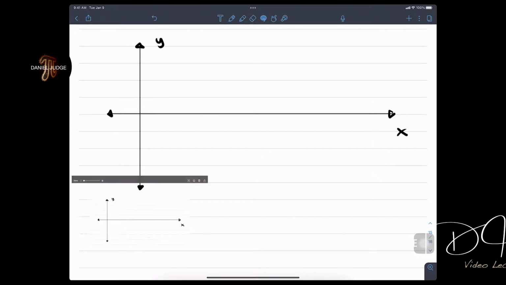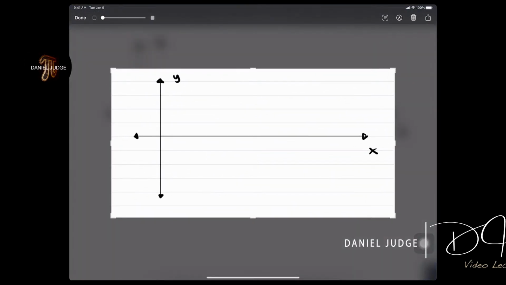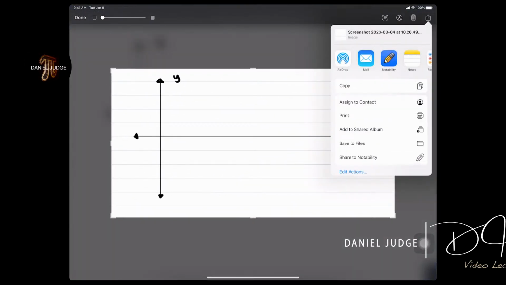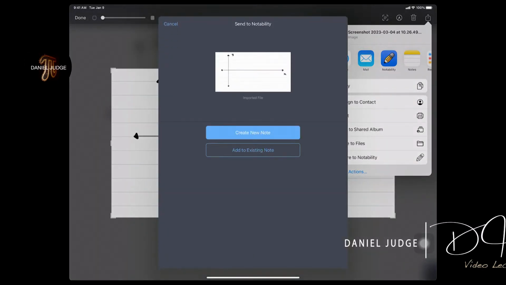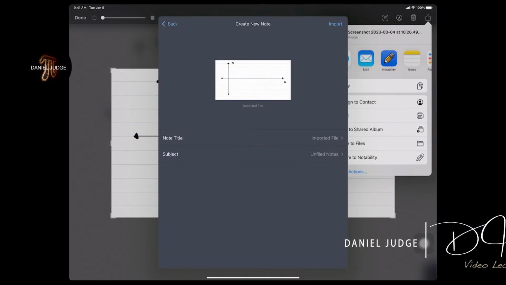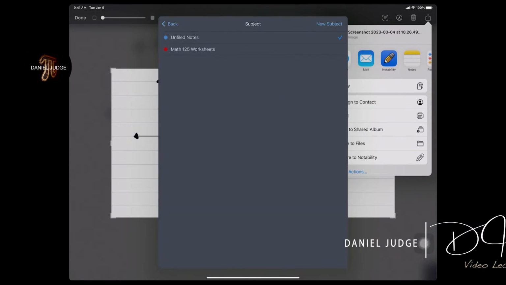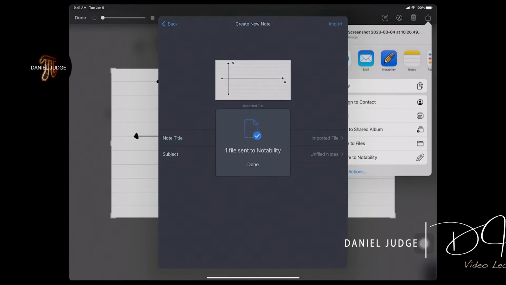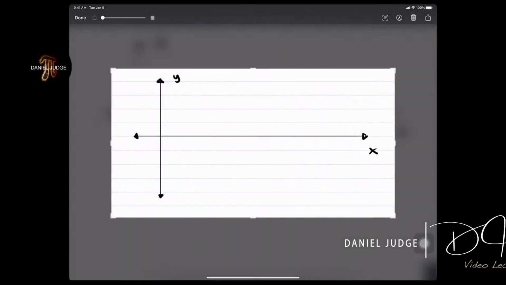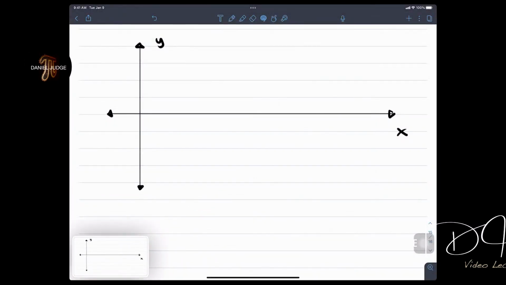I'm sure somebody will tell me one day. Maybe we'll save it here, called graph. Anyway.